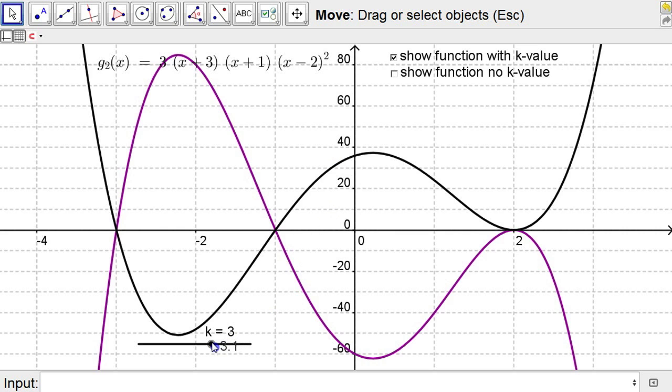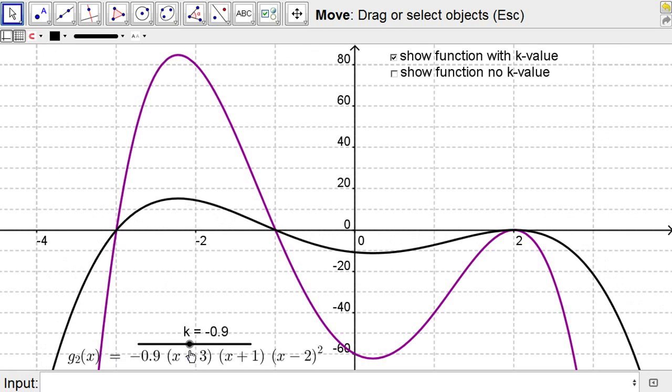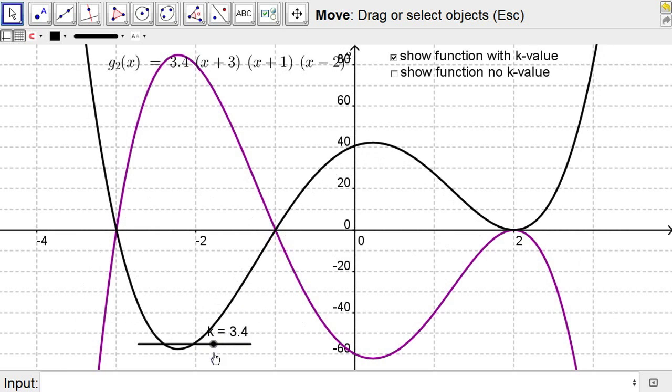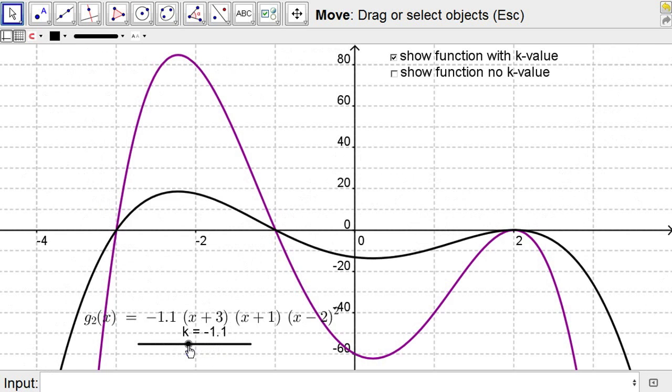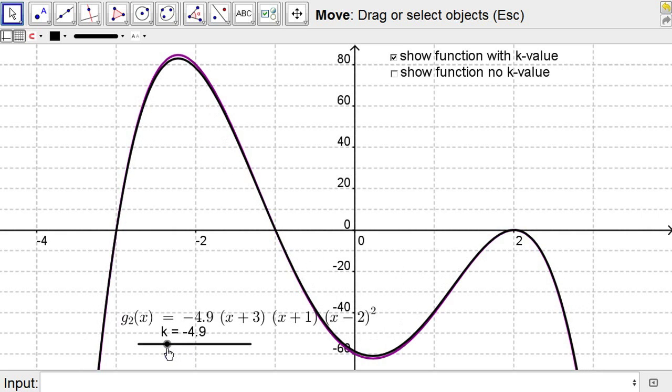And if you change this the other way, if you make it a negative number, it does that reflection, right? Now we want it to reflect enough that it matches up with that y-intercept. There we go. If you start to approach -5, you notice it's going to match up there. That's that vertical reflection and a vertical expansion.